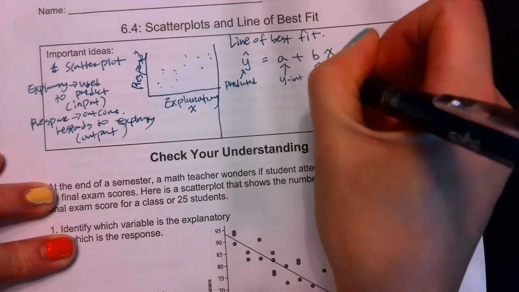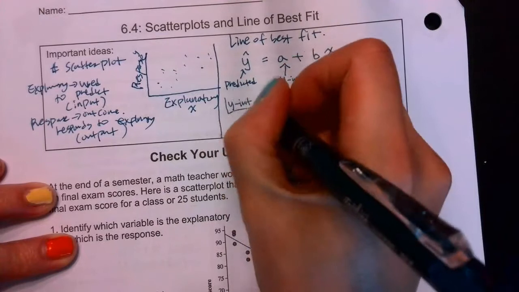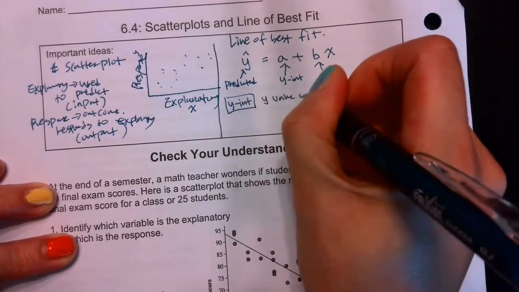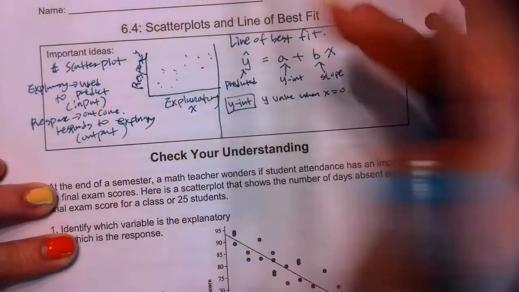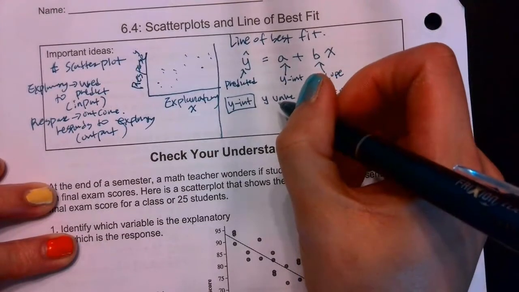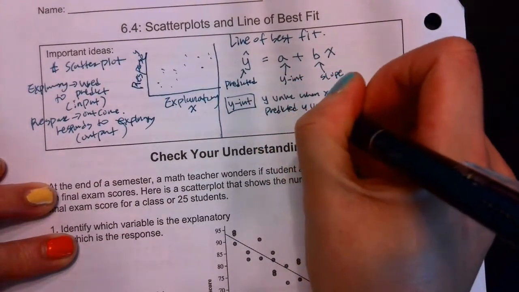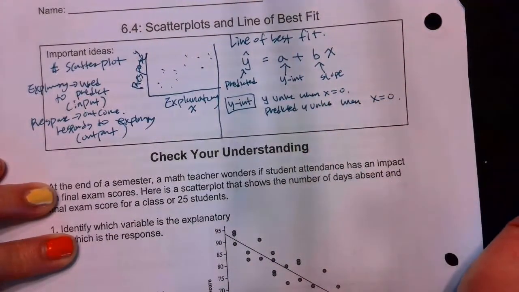That's over there. And a was the y-intercept. b was the slope. Okay, so what was the y-intercept again? Y-intercept is usually the y value when x is equal to 0, mathematically, right? For this context, what does that mean? This is the predicted y value when x is equal to 0.